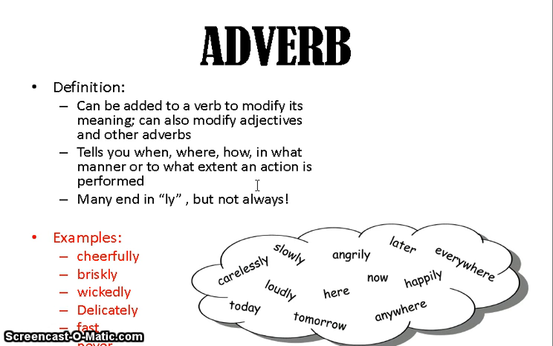Next, sometimes it modifies a prepositional phrase. For example, he is almost at the top. So here in this sentence, it's modifying a prepositional phrase. Unlike any other part of speech, the position of an adverb can often be changed without affecting the meaning of the sentence.